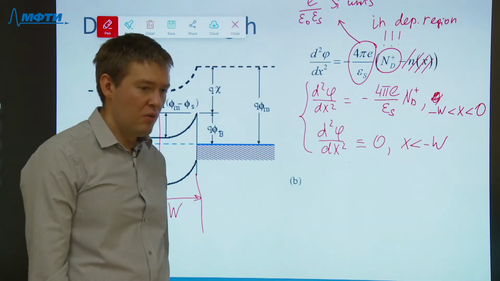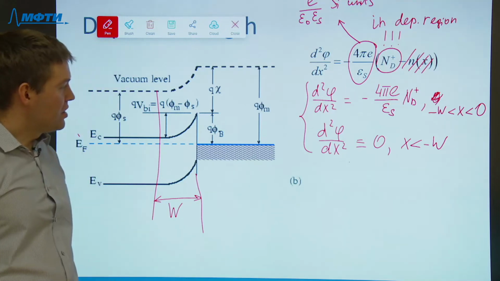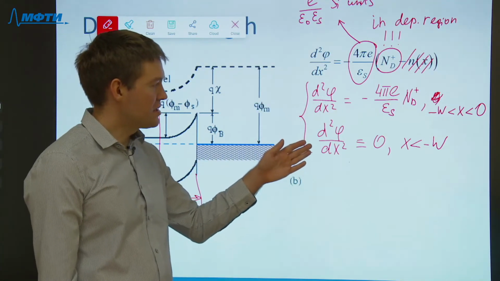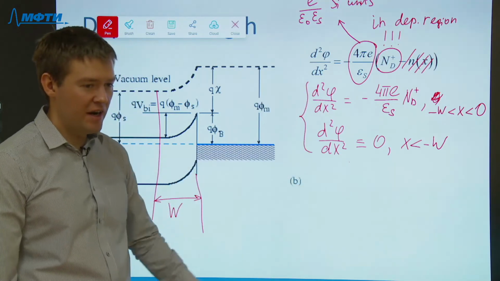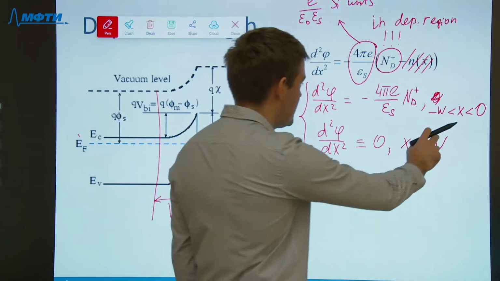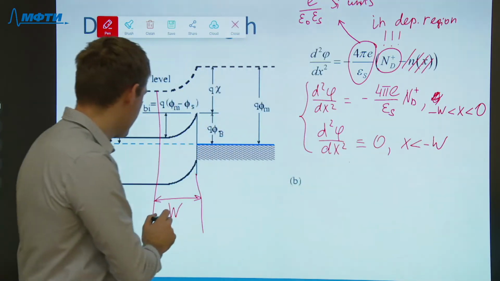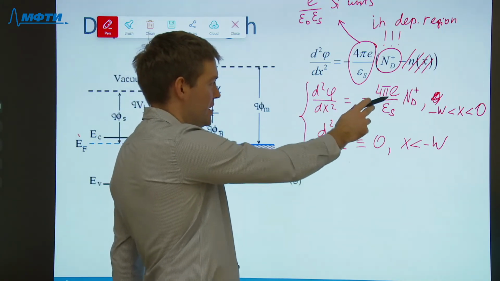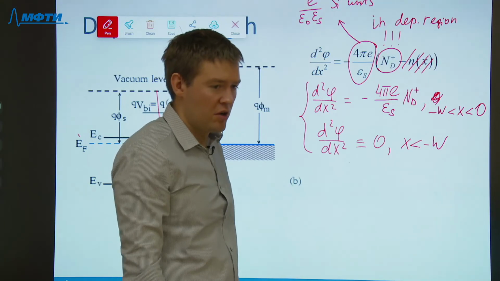So now we can simply solve this simplified equation, because in the region of depletion it's just the second derivative of potential equals some constant.